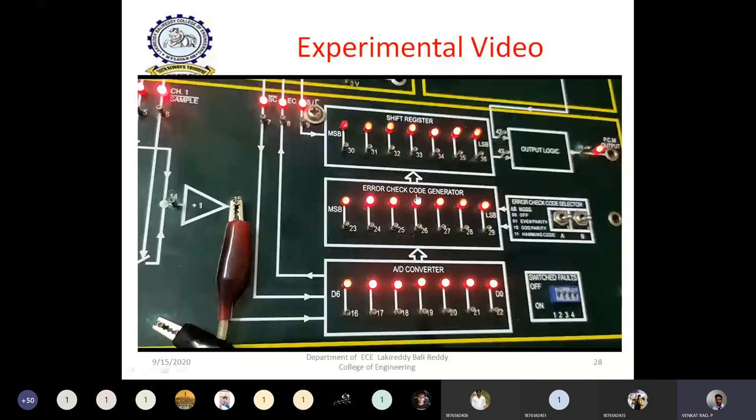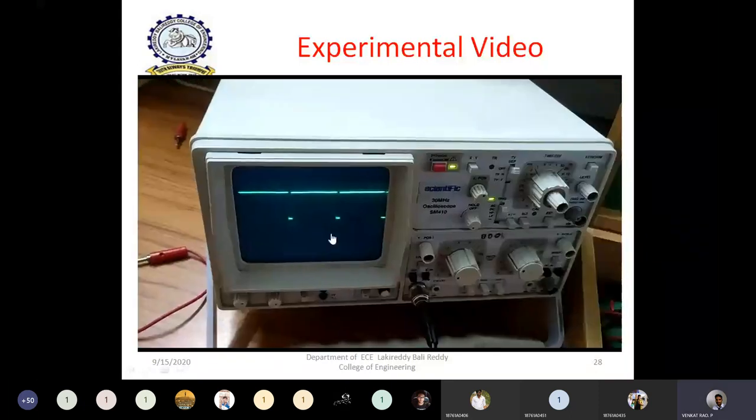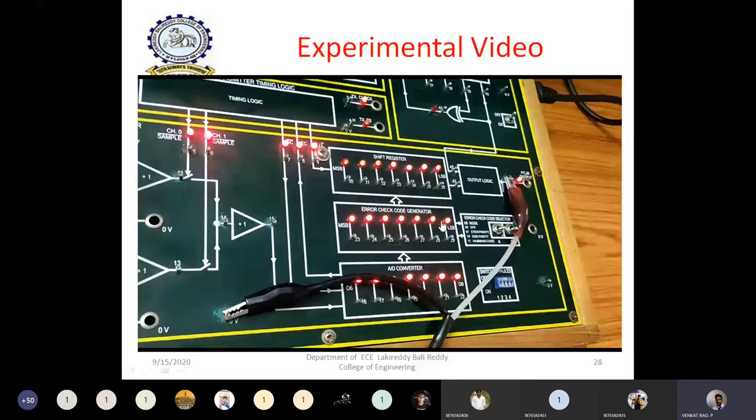So for this particular sine wave as an analog signal, this is the observation of the clock signal. And if you observe the direct output for this analog signal, since the analog amplitude has a number of samples, we get a number of bit sequences one after the other, so there is a large bit sequence.